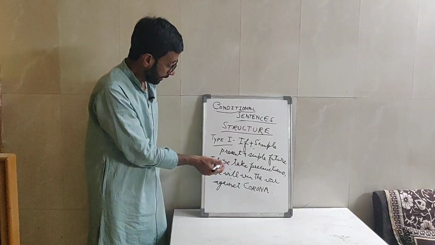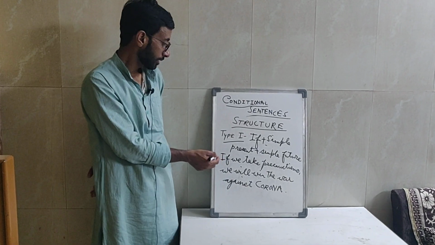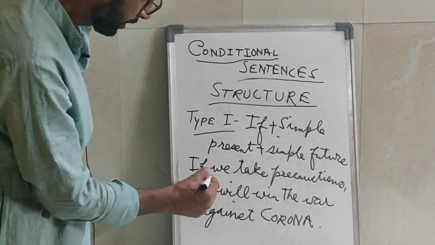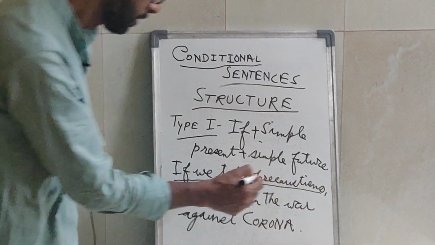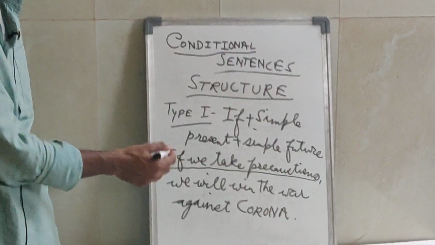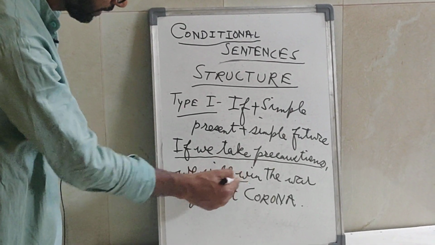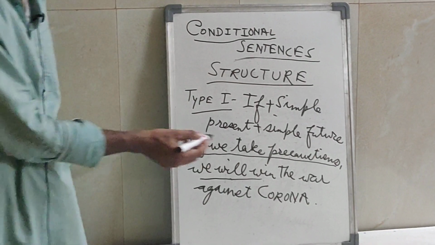So see, I have just written a sentence which consists of two parts. Again, this part in which I have used simple present tense is called the if clause, and the second in which I have used simple future is called the main clause.